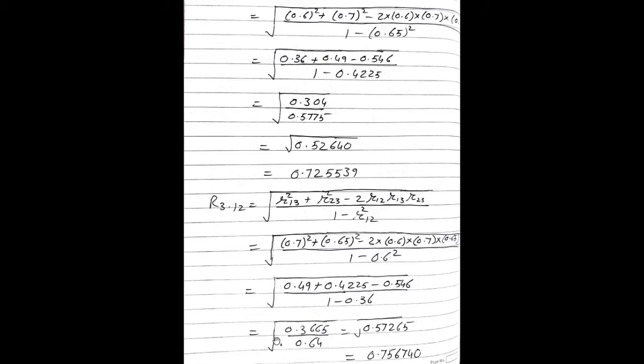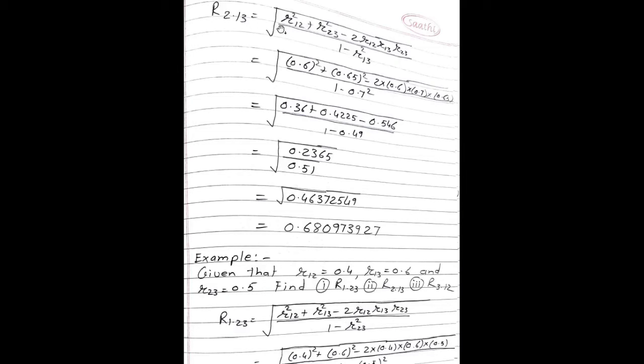This can be written as 0.3665 divided by 0.64, which is equal to square root of 0.57265. The square root becomes 0.756740. So this is the second value we got, capital R 3.12, the value is 0.756740. Then the third part of the problem, capital R 2.13.